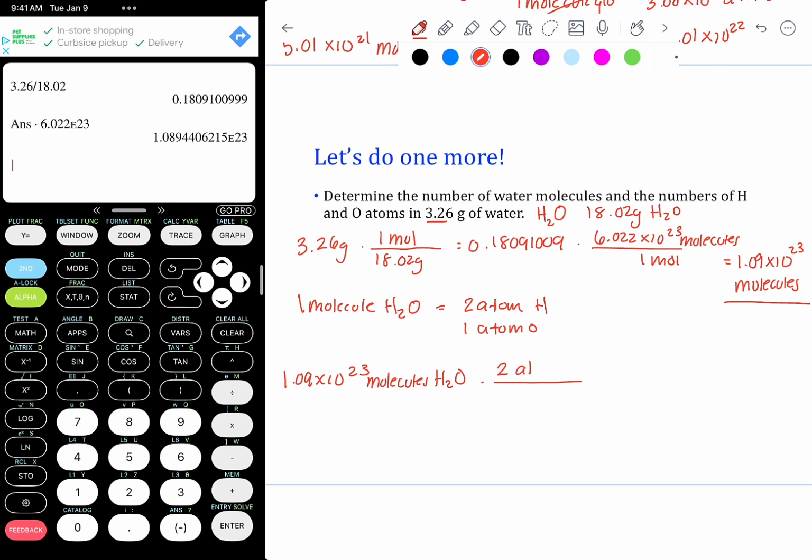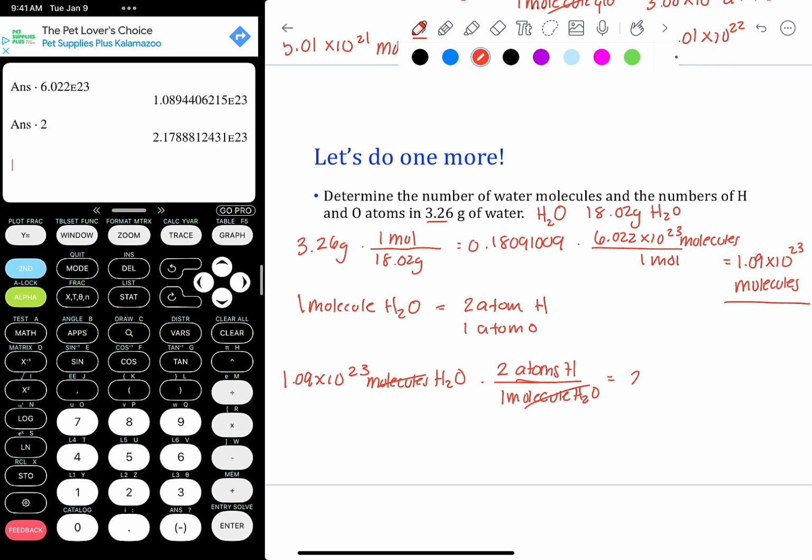There are 2 atoms of hydrogen in 1 molecule of H2O. That cancels out our units of molecules and leaves us with units of atoms of hydrogen. So we just take that number and multiply it by 2, which gives 2.18 times 10 to the 23 atoms of hydrogen.